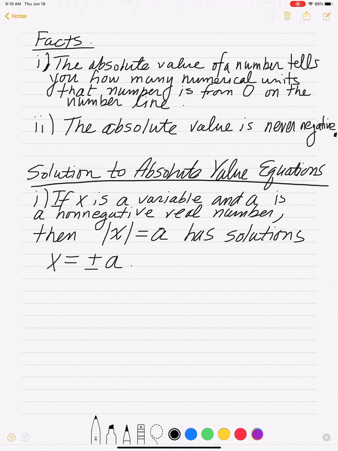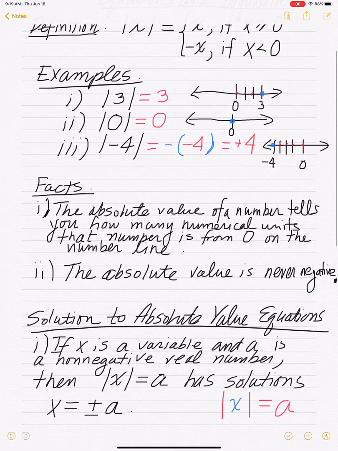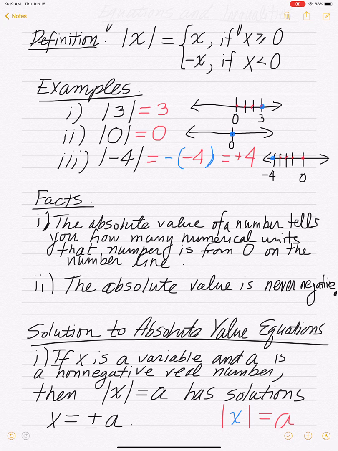Now, how do you get that? So if I had the equation, the absolute value of x equals a, you go back and look at the definition, the original definition here at the top.